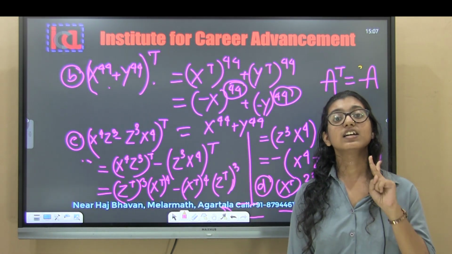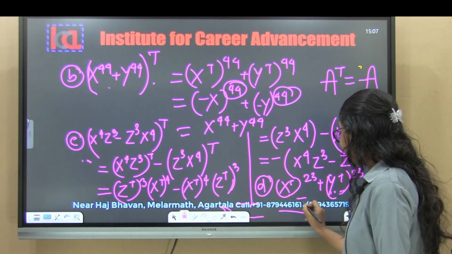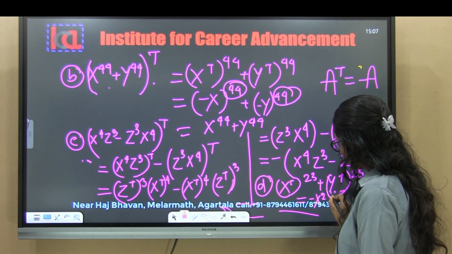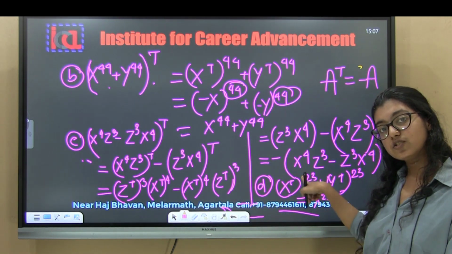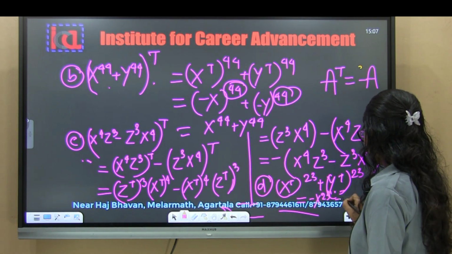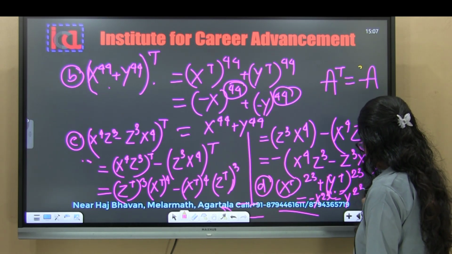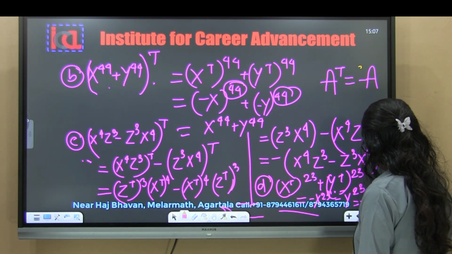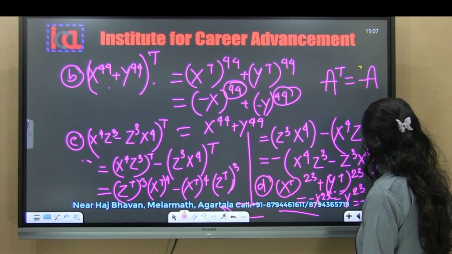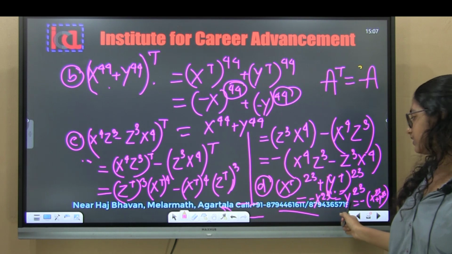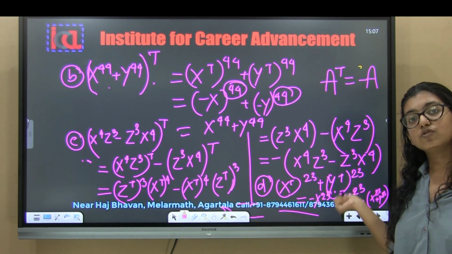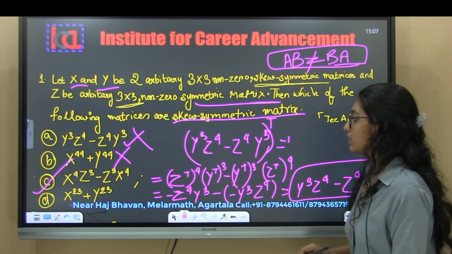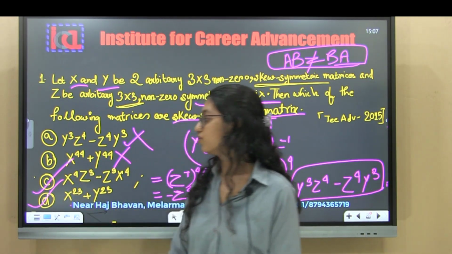Here x and y are skew symmetric matrices, so we can directly write (minus x) to the power 23, and (minus y), raised to an odd power, so minus y to the power 23. So the answer will be minus (x to the power 23 plus y to the power 23), which is a skew symmetric matrix. So this one is also true.